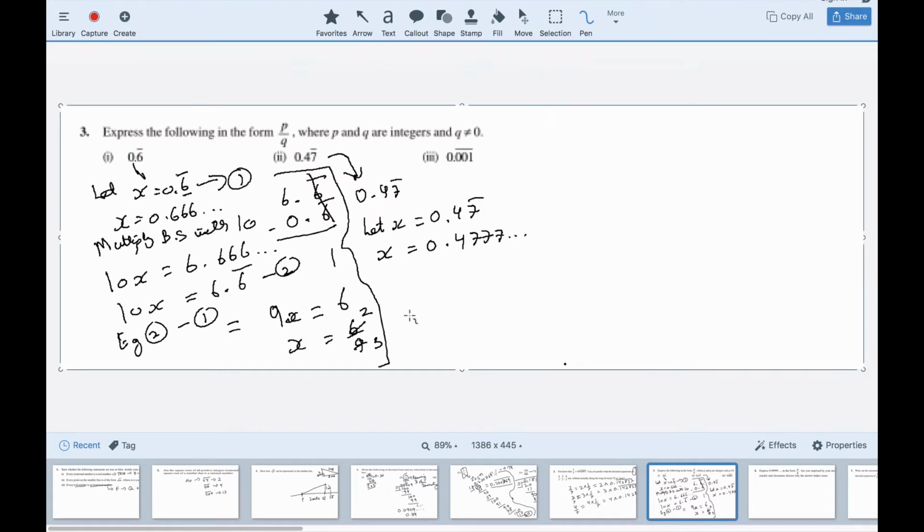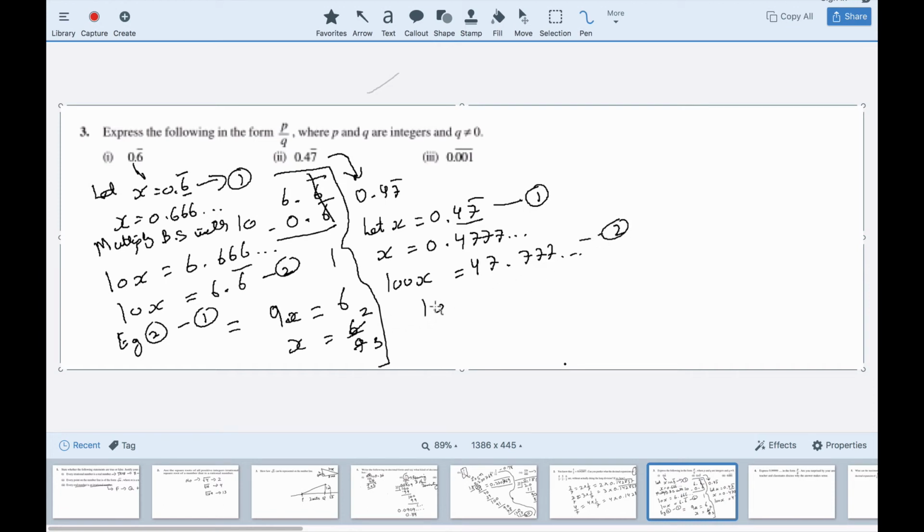Okay, so now after the decimal, I have two numbers. So I must multiply it with 100. So I can write 100x is equal to, when I multiply this, I get 47.777. So I can subtract equation 1 from equation 2.